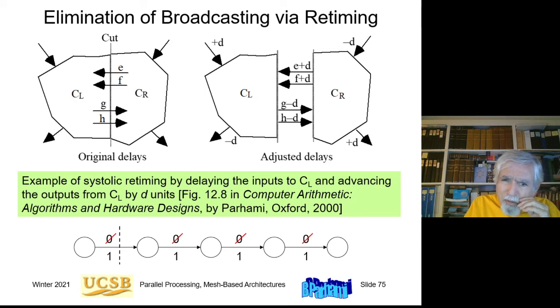Oh, for some reason this is not moving to the next slide. Okay, just 1 minute. Let me see what's going on.